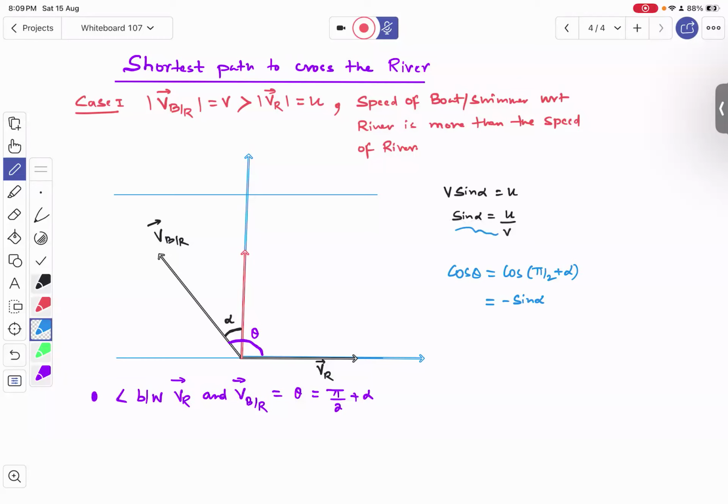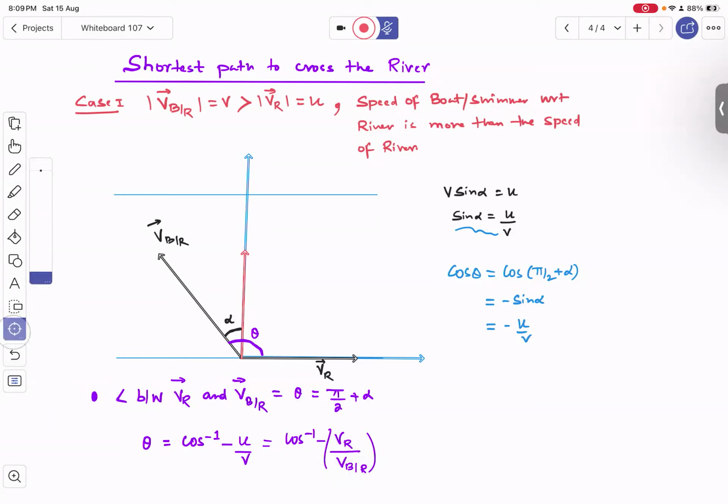It is u by v. So cos theta in this case will be minus u by v. So the angle between VR and VBR will be theta equal to cos inverse of minus u by v, or we can write it as cos inverse of minus VR by VBR.